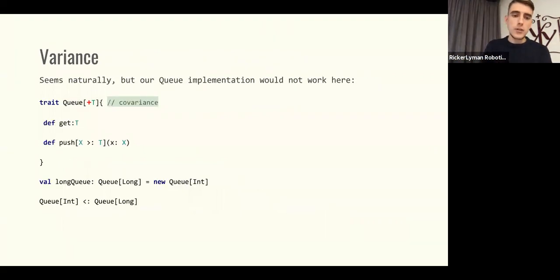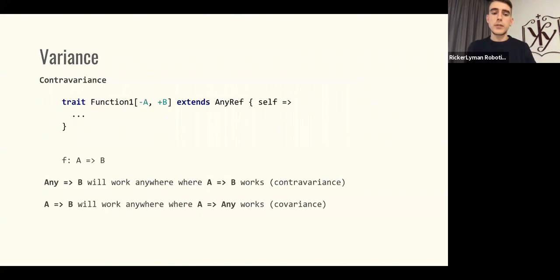That's actually the reason why I should put this additional type information on the push method, because the type X is in a contravariant position. The push is a function, and argument X is in a contravariant position.